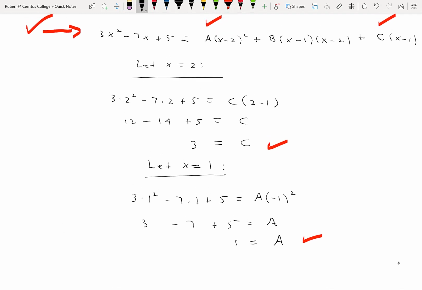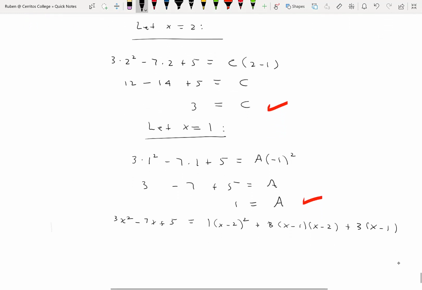So I'm going to get 3x squared minus 7x plus 5 equals 1 times x minus 2 squared plus b times x minus 1 times x minus 2 plus c, which is 3 times x minus 1.